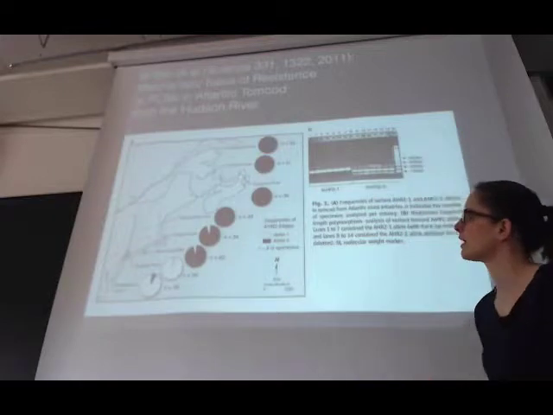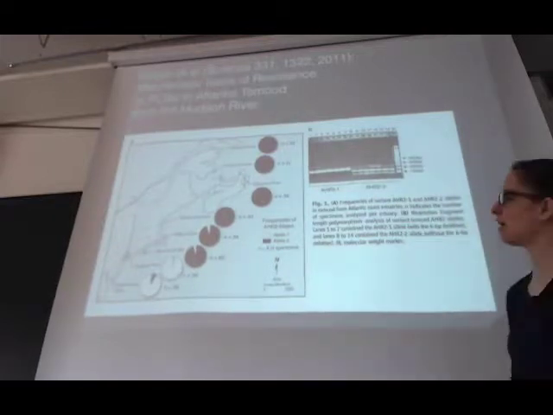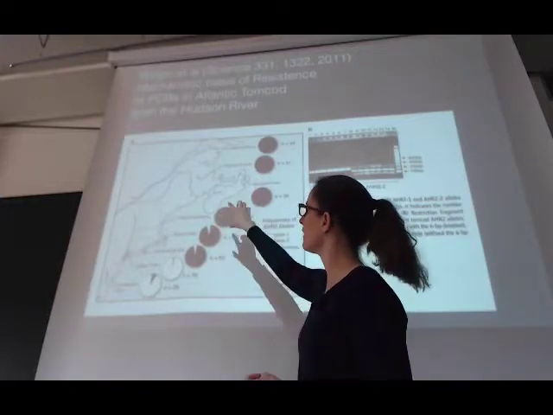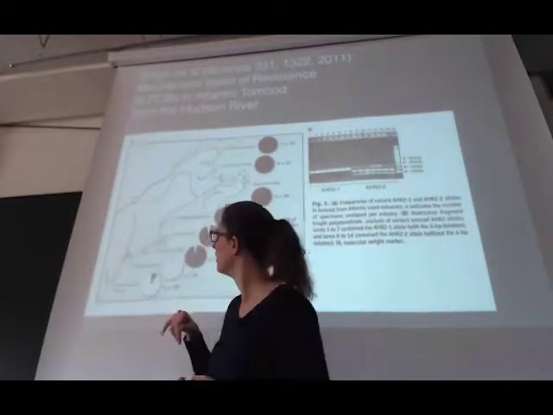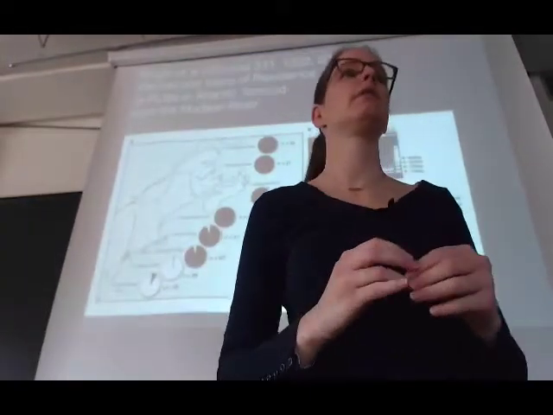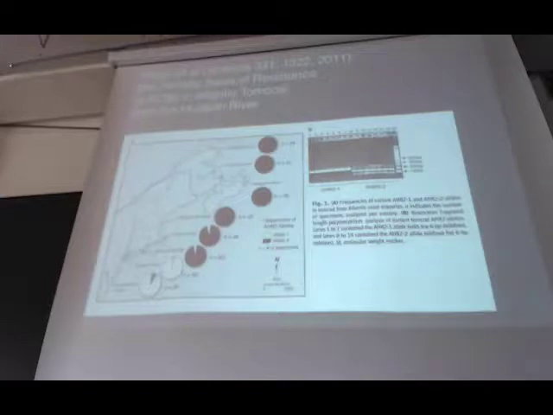But this is actually taken from a study on fish, cod, living in different areas. And the Hudson River, that I think goes through New York City, is extremely polluted. It has a lot of these so-called PCBs, which is a pollutant.